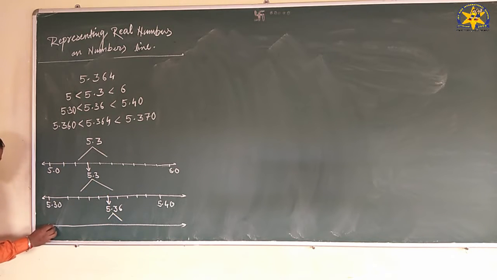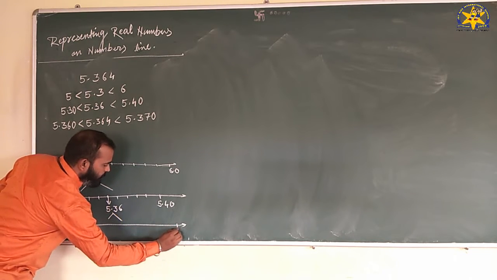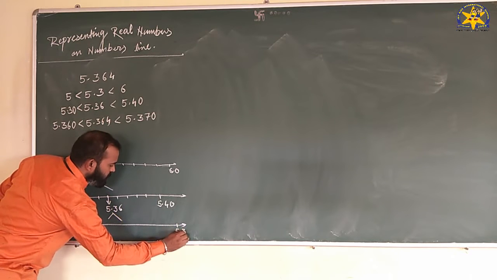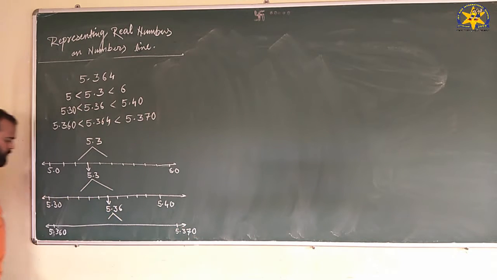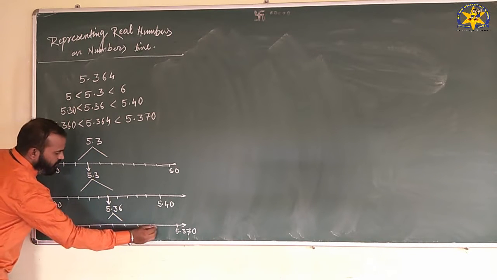If you zoom 5.36, it will come here: 5.360, here, to 5.370. 1, 2, 3, 4, 5, 6, 7, 8, 9, 10.